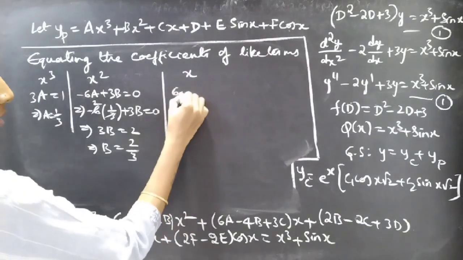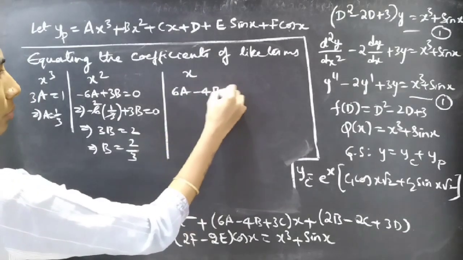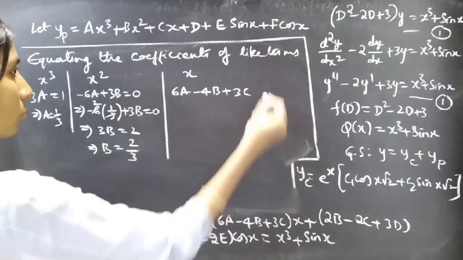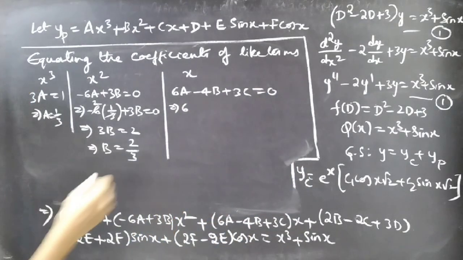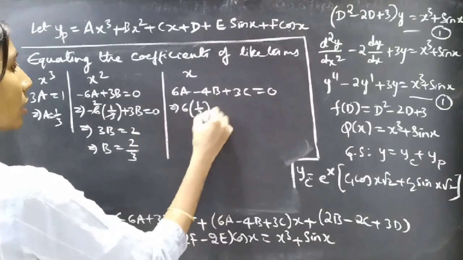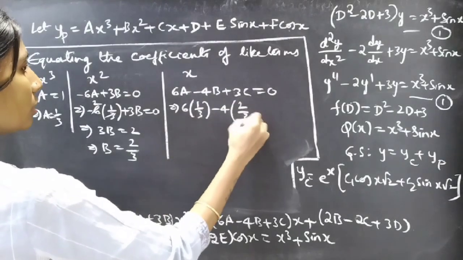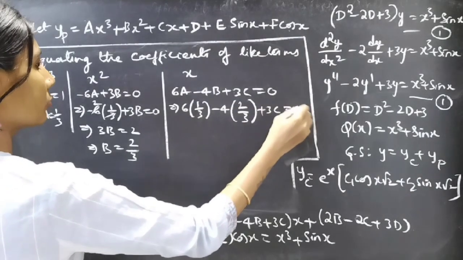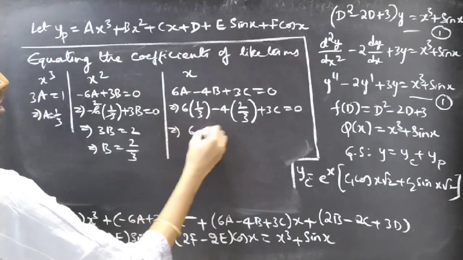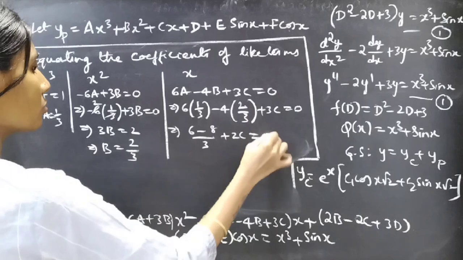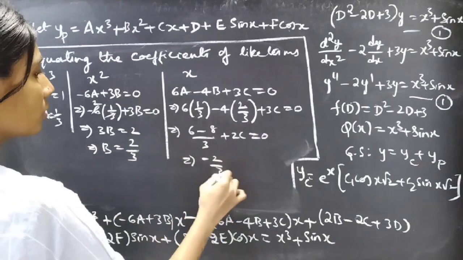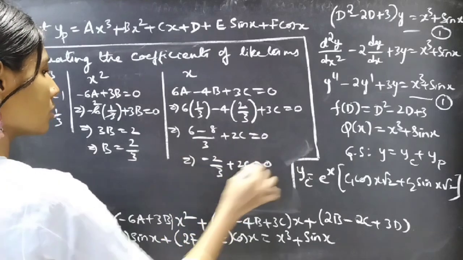So you'll get 6a minus 4b plus 3c equal to 0. Substitute the values of a and b here, since a equal to 1 by 3 and b equal to 2 by 3. You'll get 6 minus 4 twos are 8 by 3 plus 2c equal to 0, which gives us minus 2 by 3 plus 2c equal to 0, right?